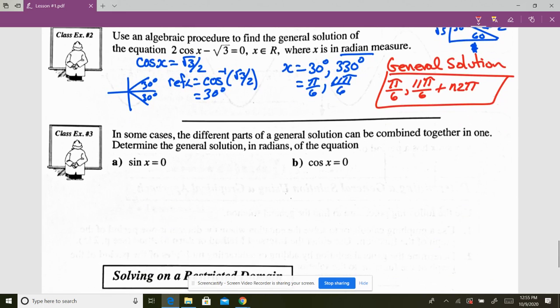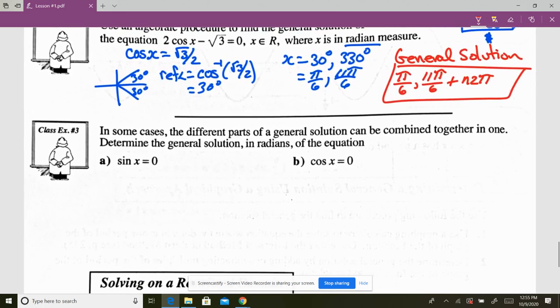All right, we're going to solve these two, but they're super quick. So, sine of x is equal to 0. When you see sine equaling 0 or 1 or negative 1, you can do the algebra, but if you know the graphs, here's a sine graph, and here's a cosine graph. Okay.